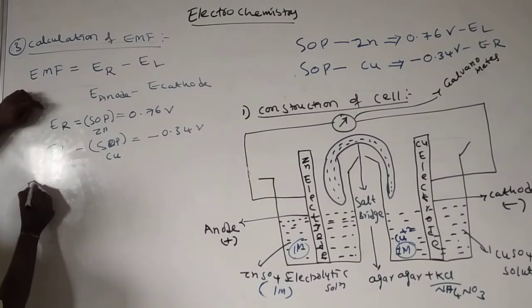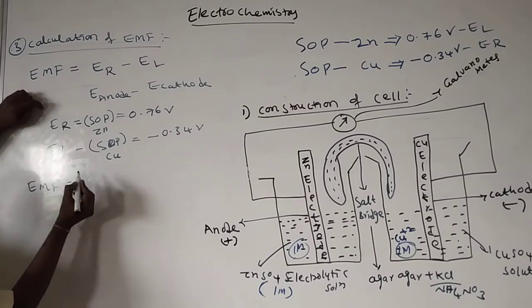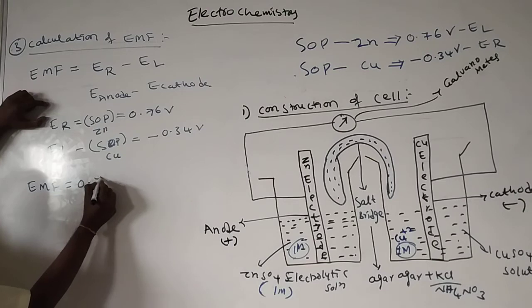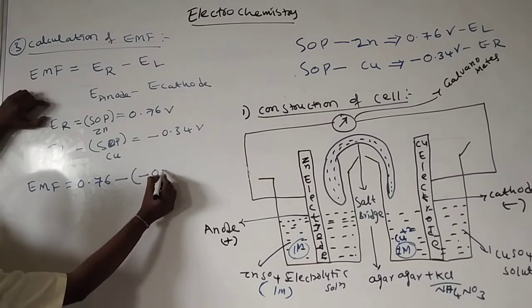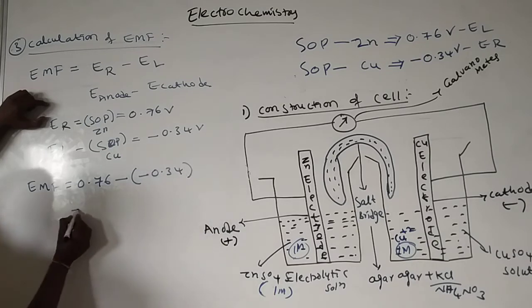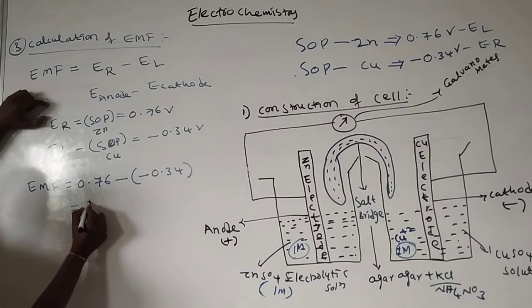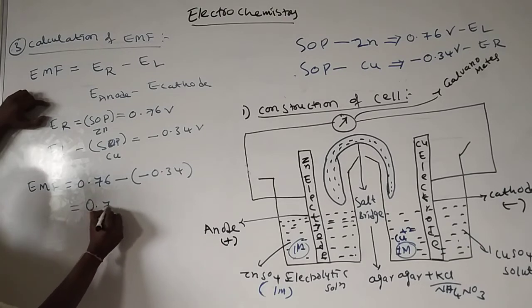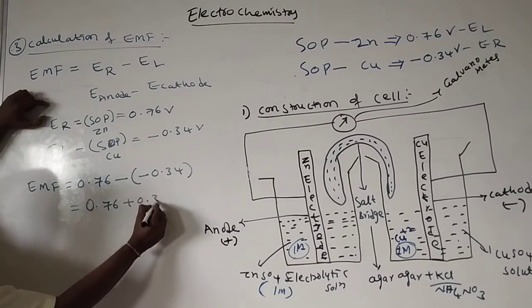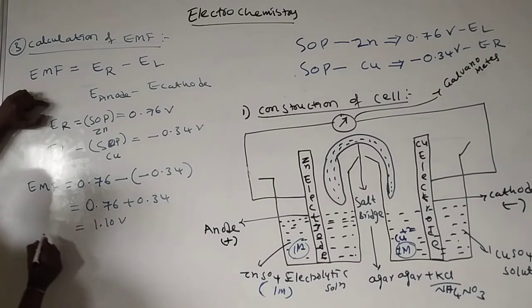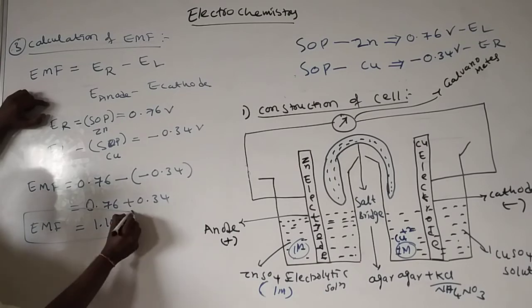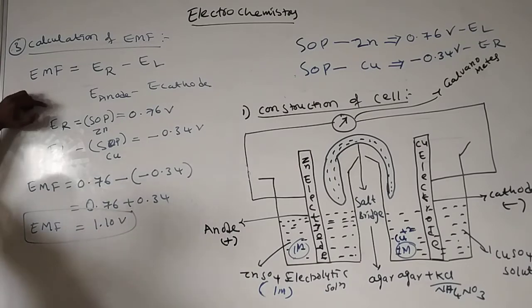And here EMF is equal to E right, 0.76, minus minus 0.34, which is 0.76 plus 0.34, equal to 1.10 volts.